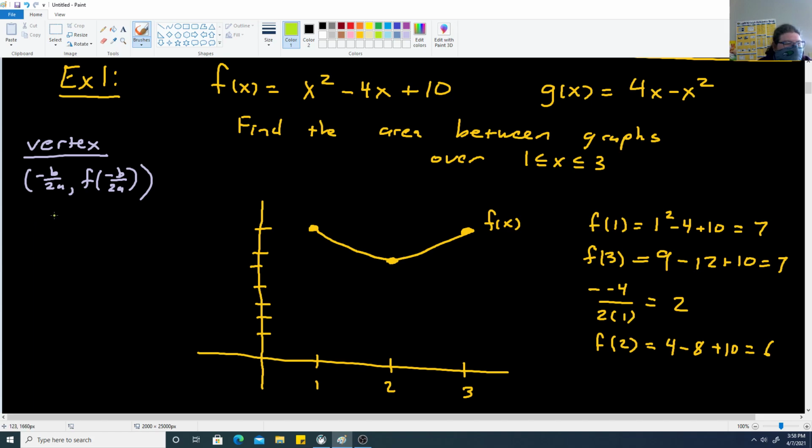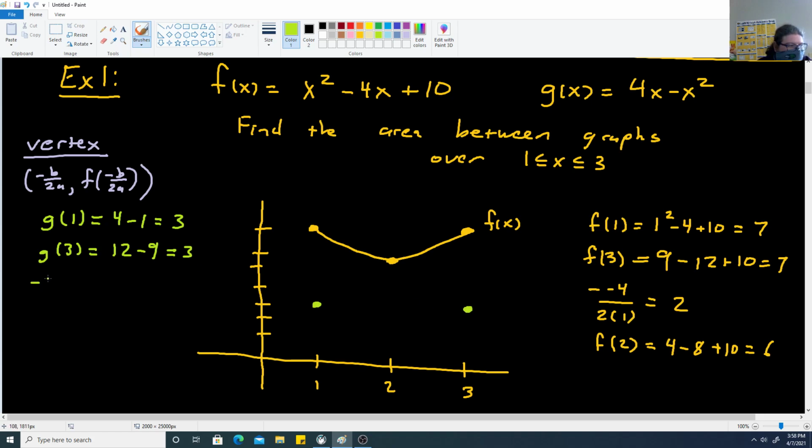So for g of x, I know g of 1, that would be 4 times 1 is 4, minus 1 squared is 1. So 4 minus 1 is 3. So g of 1, we start up here at 3. Our stopping value is going to be g of 3. 4 times 3 is 12. Take away 3 squared is 9. 12 take away 9 is 3. So our stopping value is also 3.